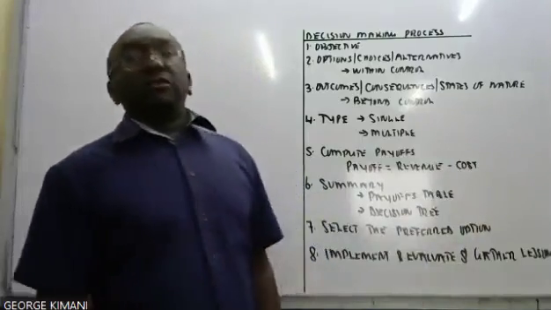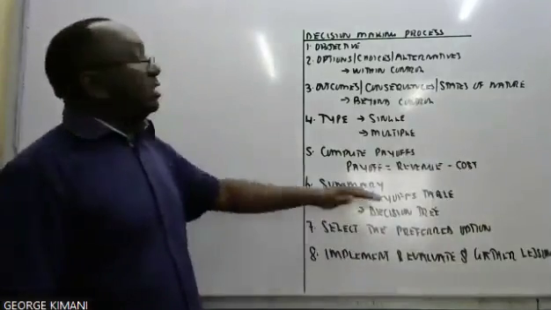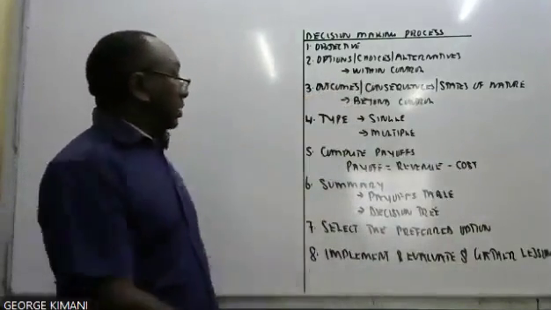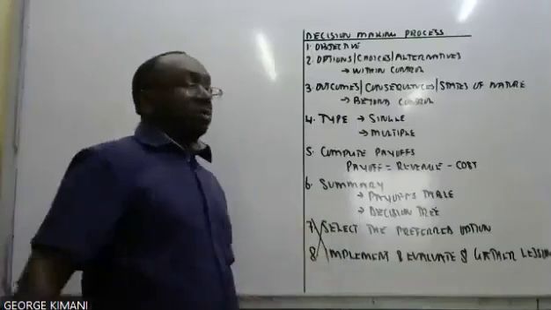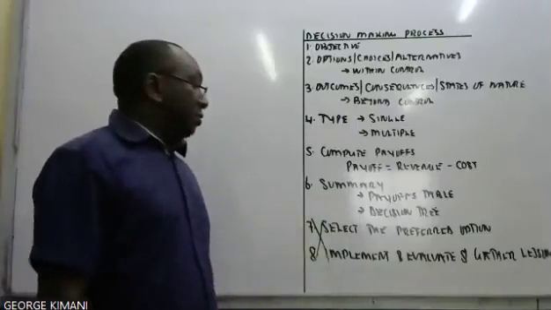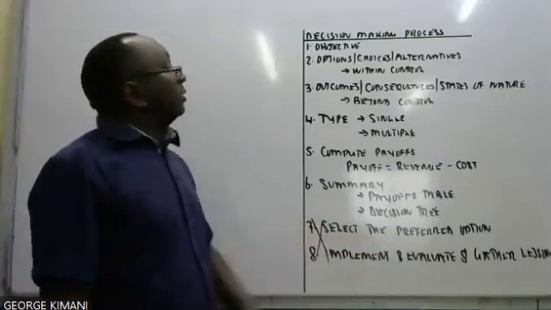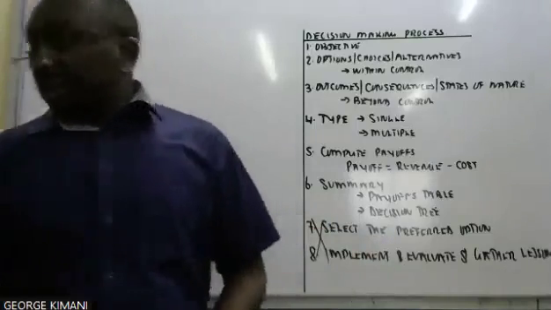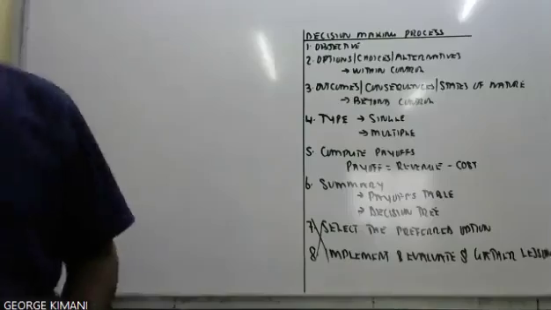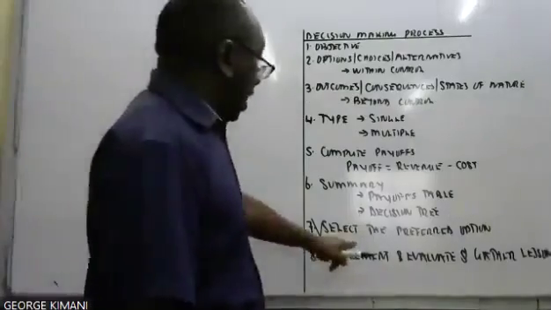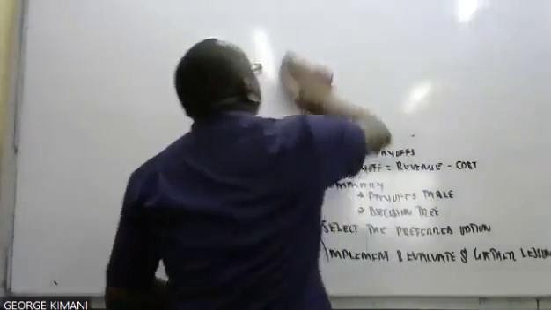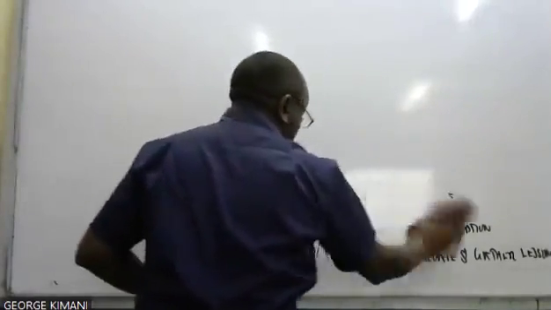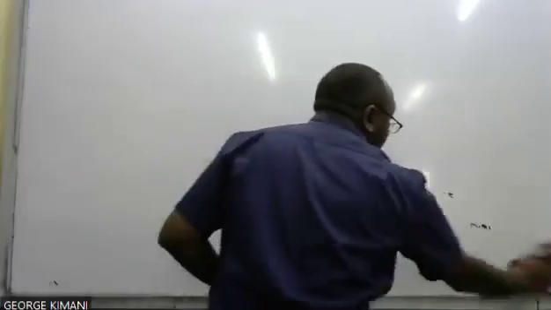Now, the notes that I'll give you may not bring out these steps, especially the last two, in those ways, because they are more academic, but this is more practical. The other thing is, when you're making the choice, we use some rules.